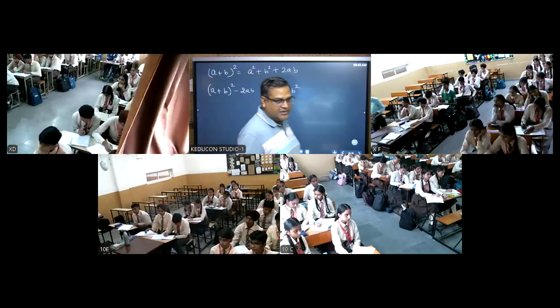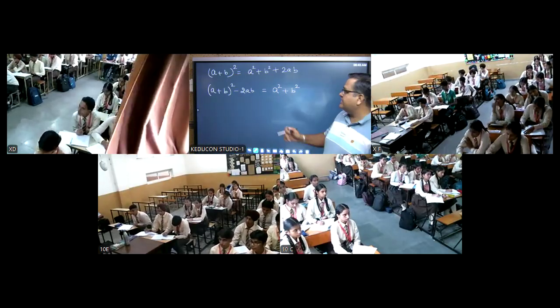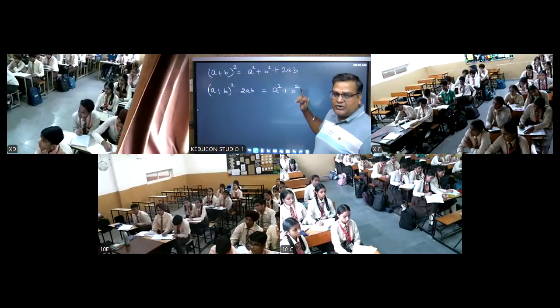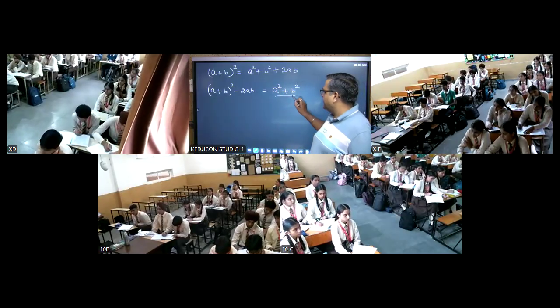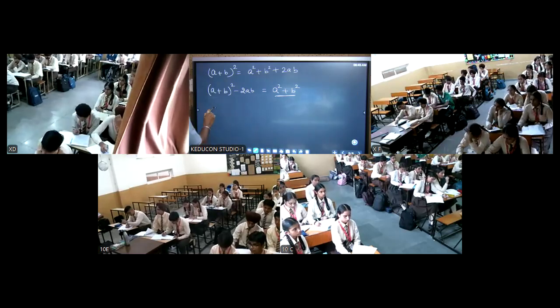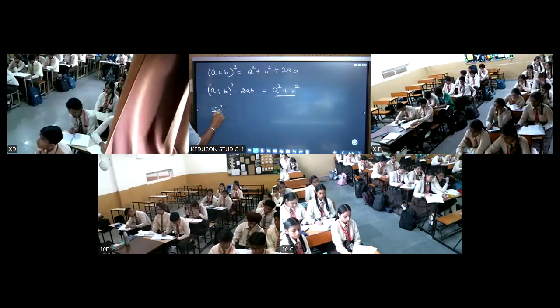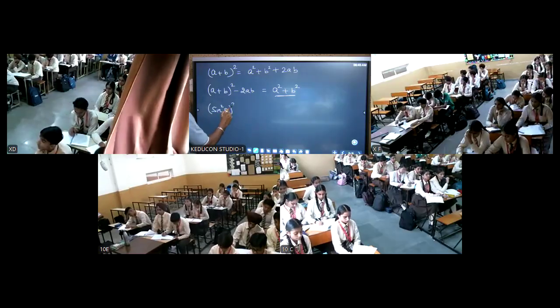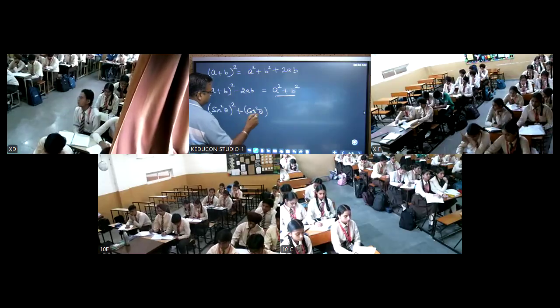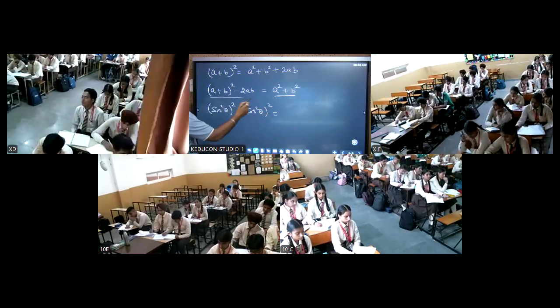Is this step clear or not? Yes, sir. Now we have sine square theta whole square plus cos square theta whole square. So we can apply this identity. Sine square theta whole square plus cos square theta whole square can be written in this form.